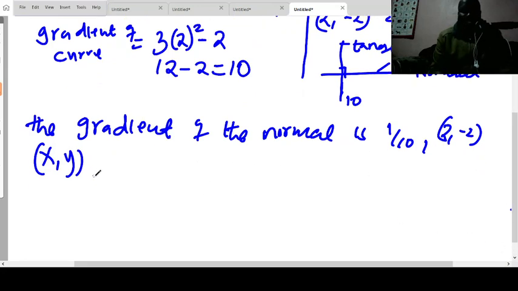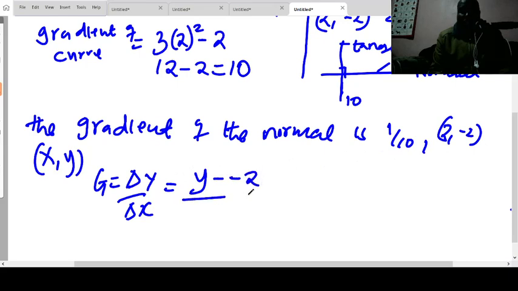We know that the gradient is equal to change in y over change in x. We have 2 points. We have (x, y) and (2, -2). So y minus -2 over x minus 2, the answer should be -1/10, which is the gradient of the normal.